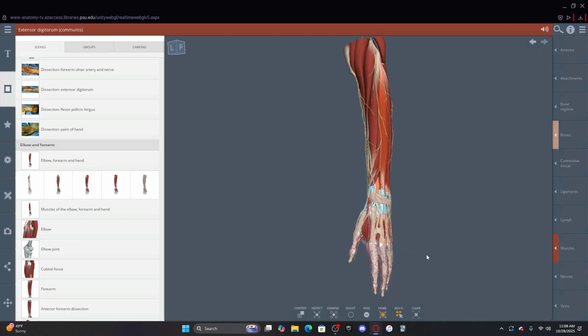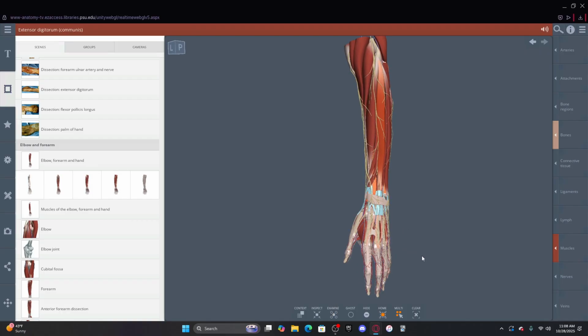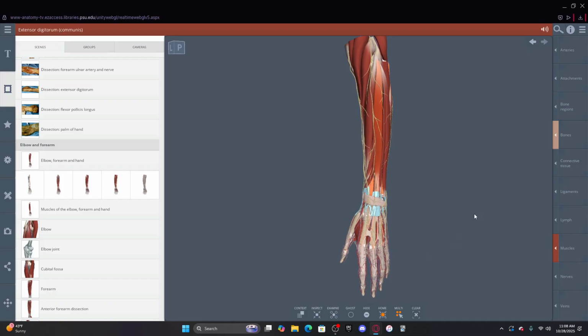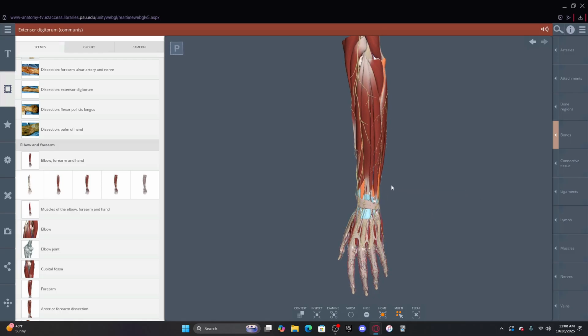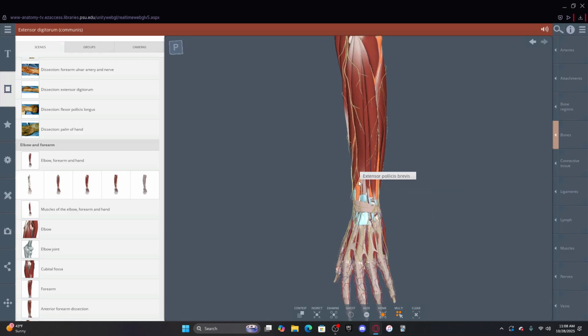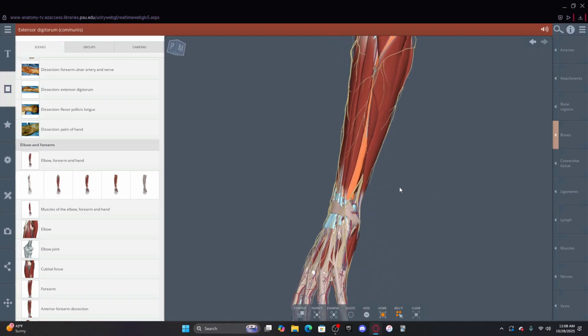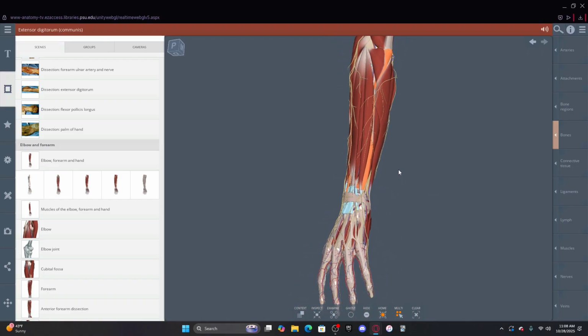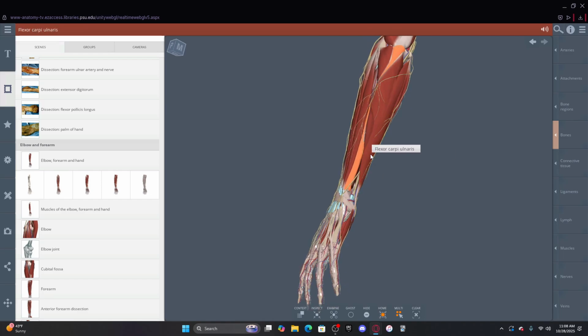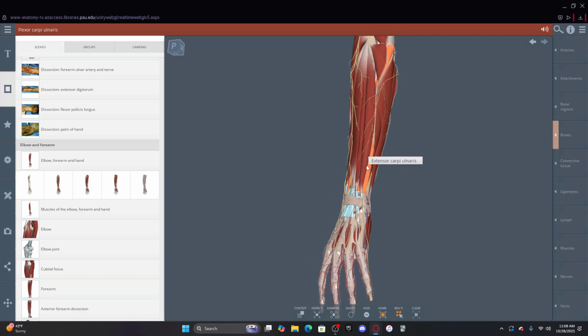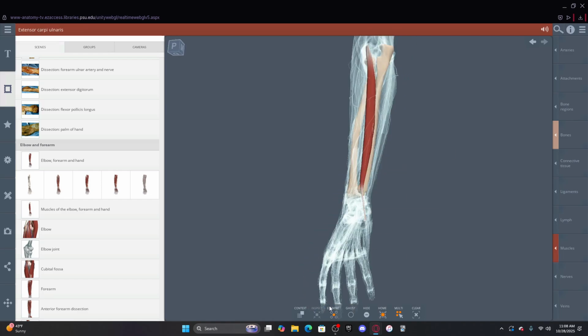Now we're going to move on to the second to last muscle. We still have two more. The second to last muscle is extensor carpi ulnaris. Remember, we were looking at flexor on the anterior; now we're looking at extensor carpi ulnaris.